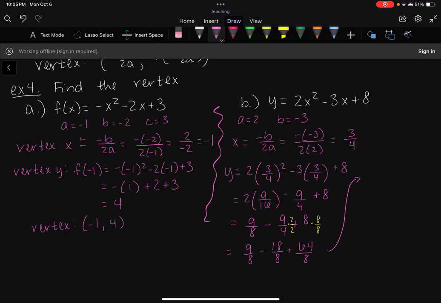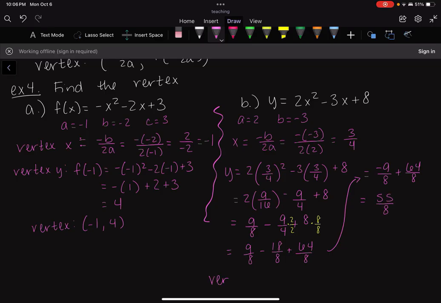Coming up here for space. 9 minus 18 is going to give me negative 9 over 8 plus 64 over 8. 64 minus 9 will give me 55 over 8.